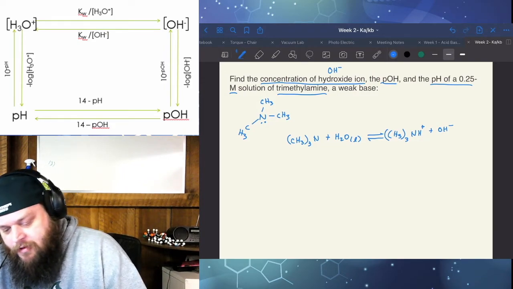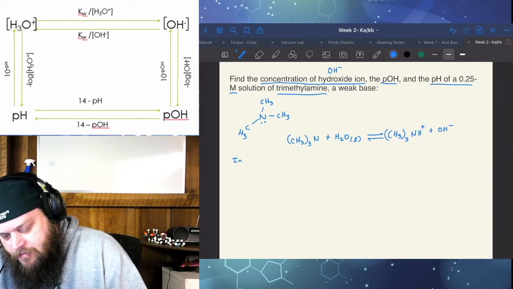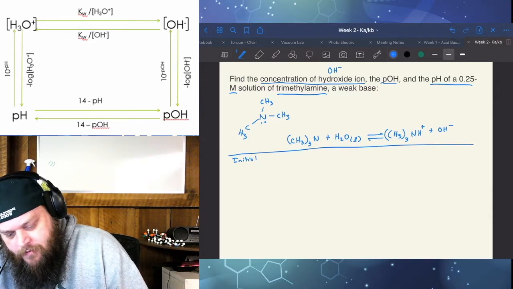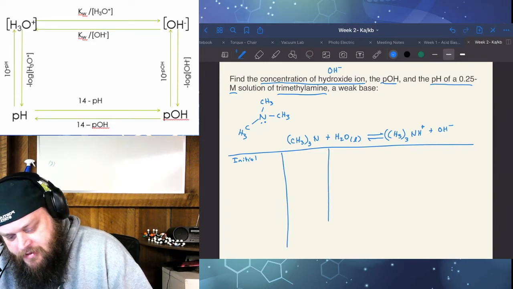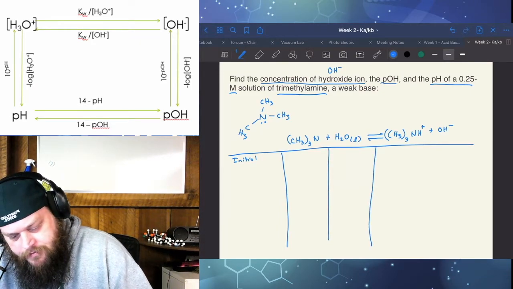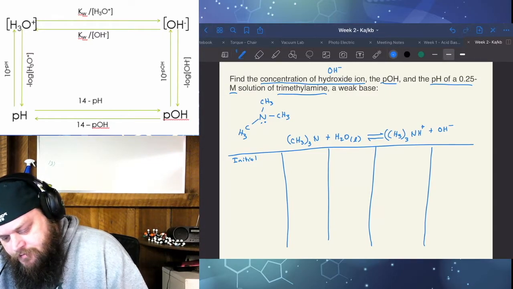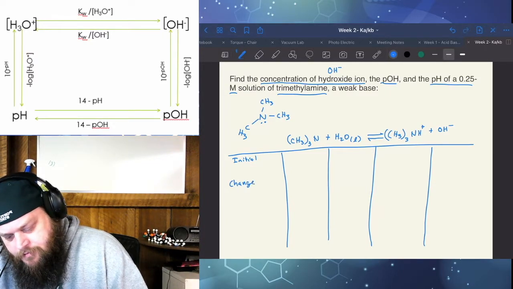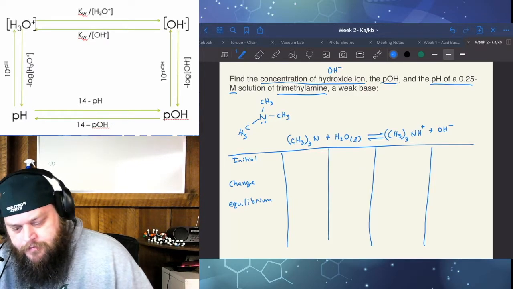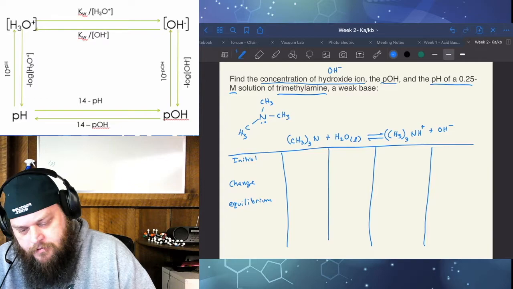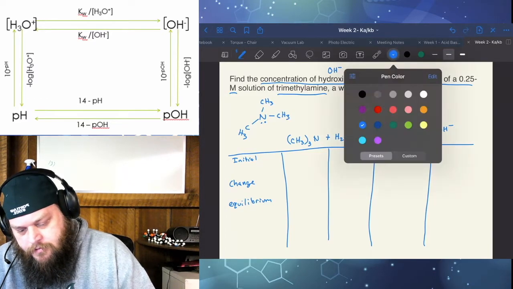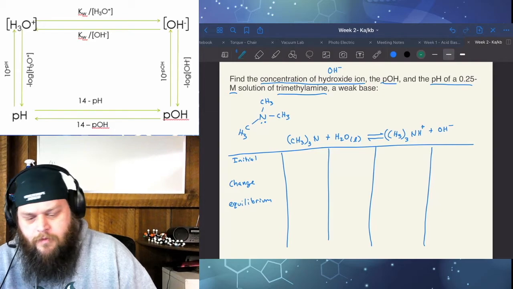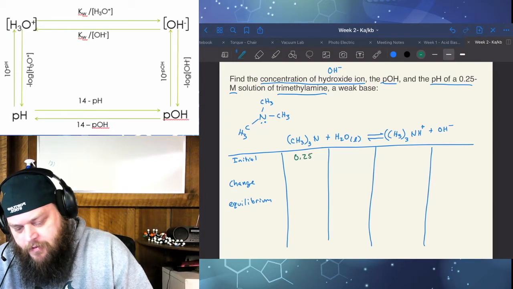Now when we make our ICE table, the initial concentration is going to be what for our base? Yeah, 0.25 molar.